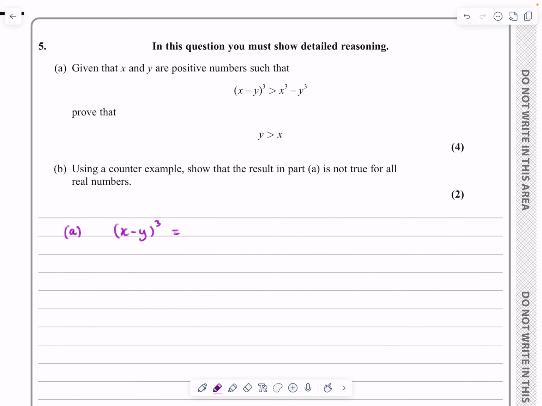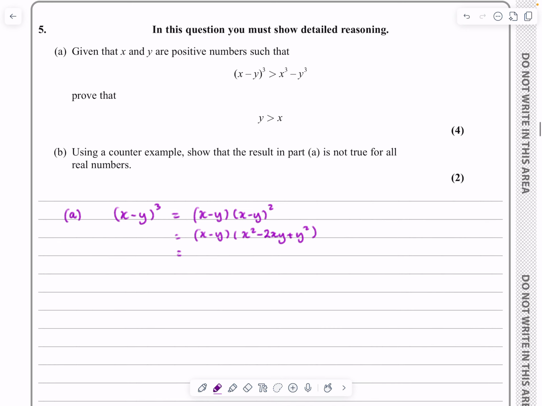So what I'm going to do is say this is (x minus y) times (x minus y) squared. So this is (x minus y) multiplied by, I know (x minus y) squared, it's x squared minus 2xy plus y squared.